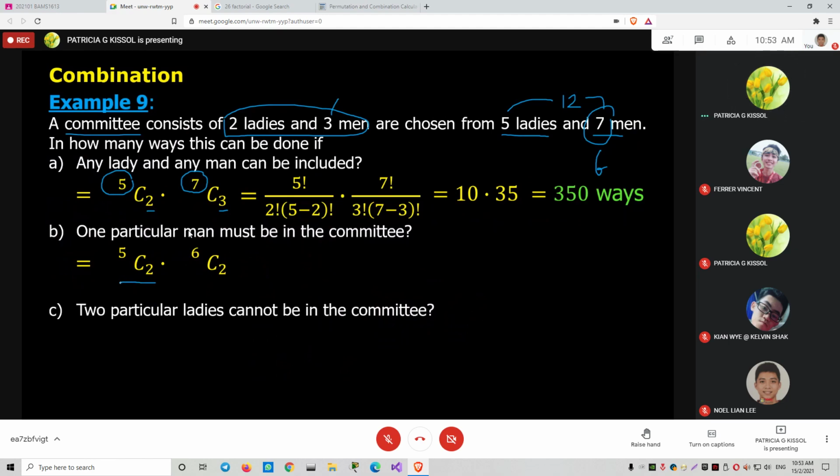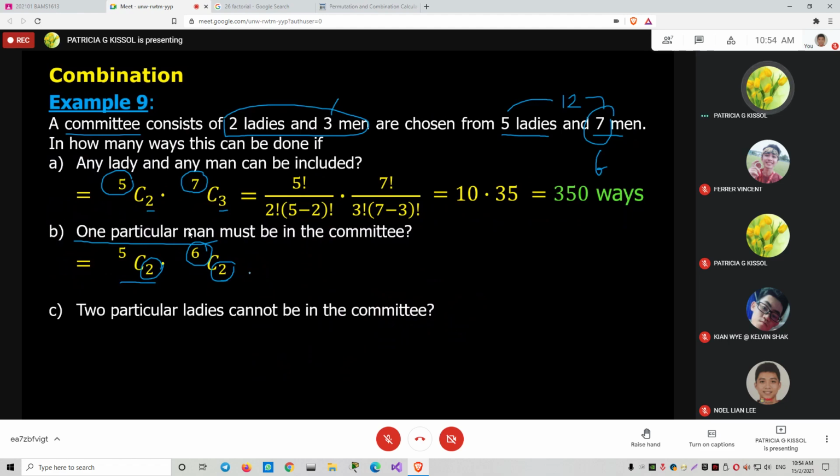But for the men, we need to choose only 2 more, and the total number we can choose from is 6, not 7 anymore. So we choose only 2 more from the remaining 6 men.